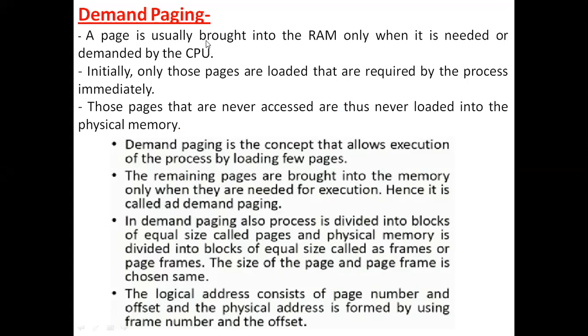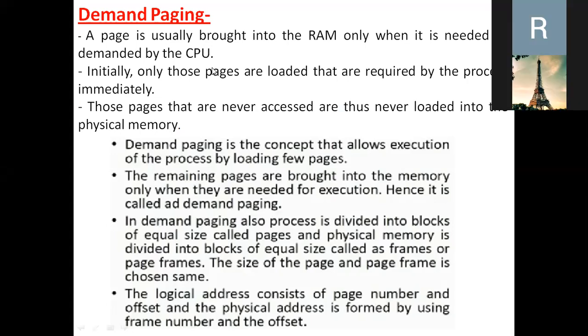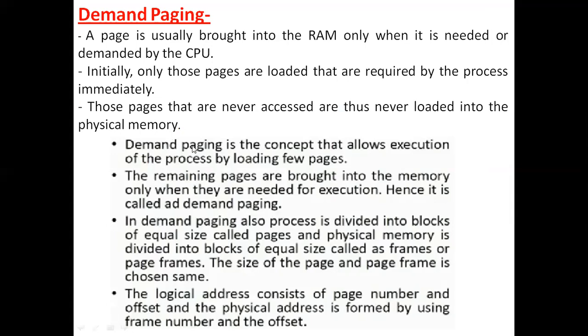As the name itself indicates, demand paging means the pages will be brought from the hard disk to the main memory on demand, so there is no need to load the entire process. Suppose the process is divided into 5 parts; no need to load all 5 parts simultaneously into the RAM.